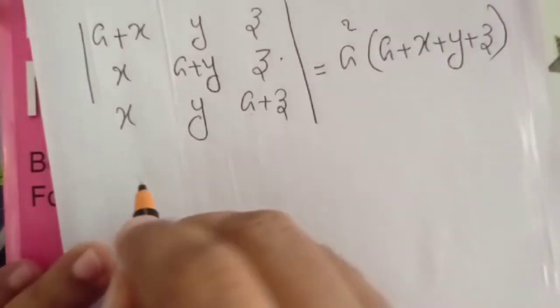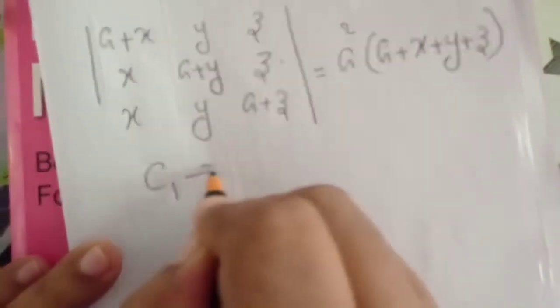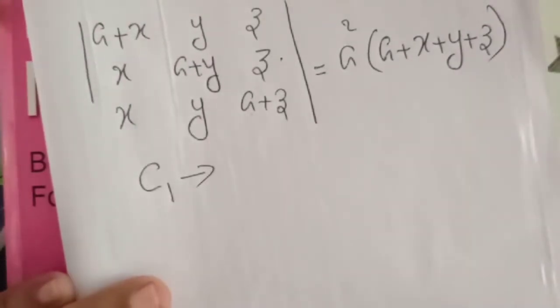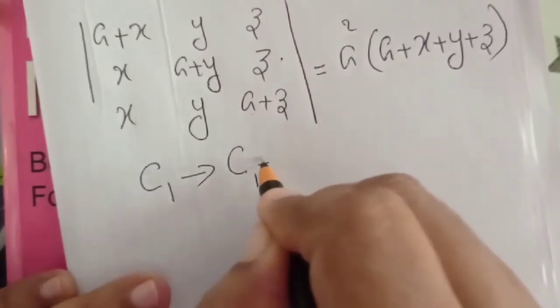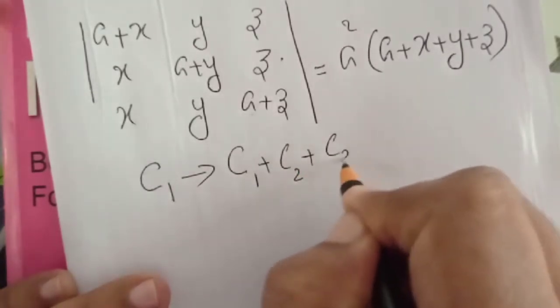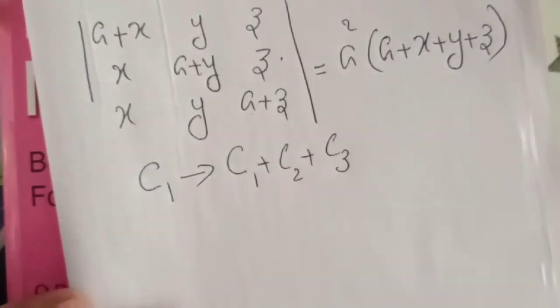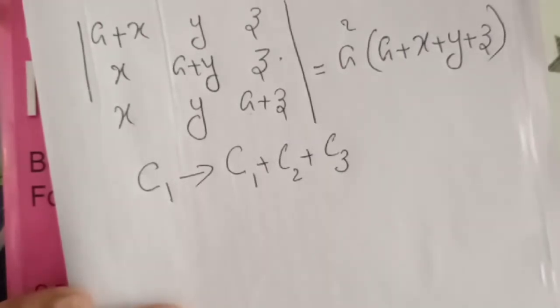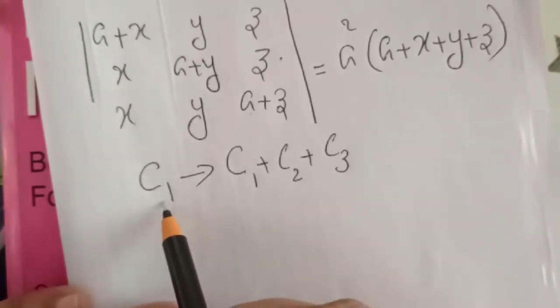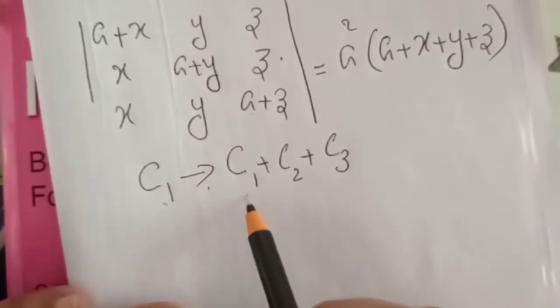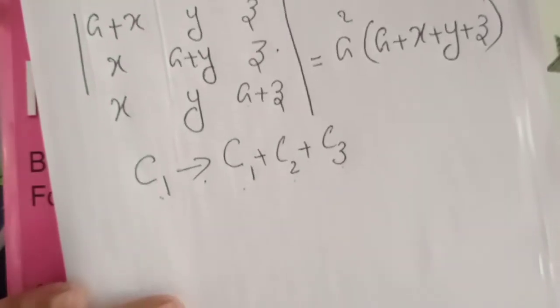Therefore, here the step is C1 changes to, what's the meaning of C1? C1 means the first column changes to C1 plus C2 plus C3. We can add the 3 columns. Understand? C1 represents columns and R represents rows. Here that first column we change to C1 plus C2 plus C3.